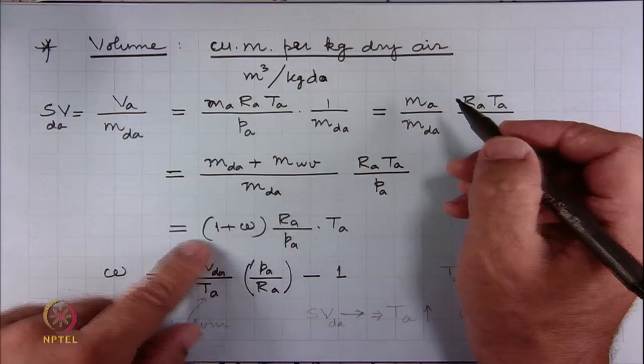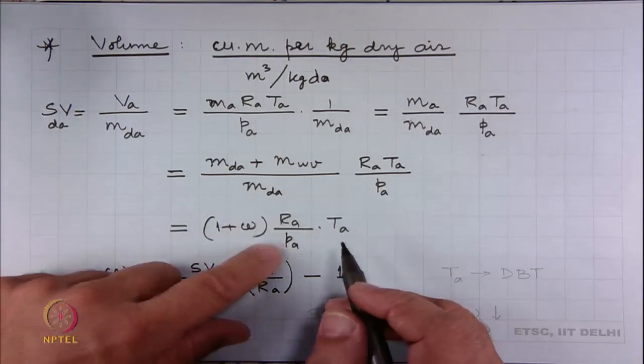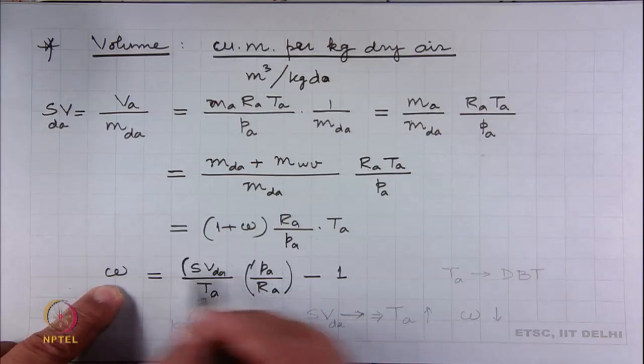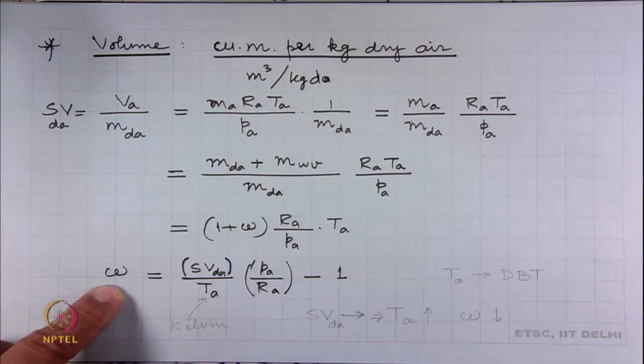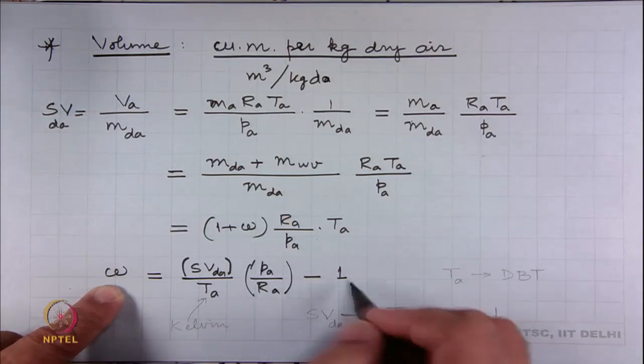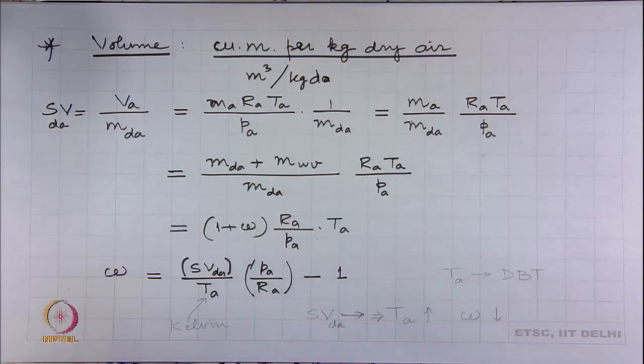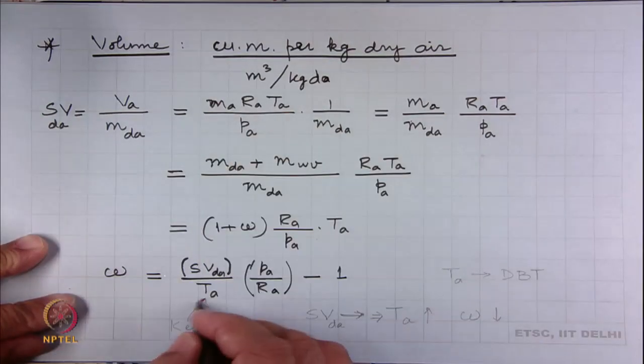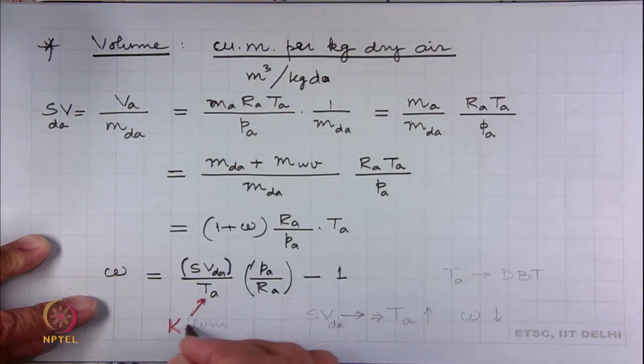And then you simplify it, and this becomes 1 plus omega RA by PA times TA, or omega is the specific volume divided by the ambient temperature into PA upon RA, minus 1. Now, unlike all the other expressions where the temperature was in degrees Celsius, because we use the ideal gas equation of state, one must realize that this temperature has to be in Kelvin.